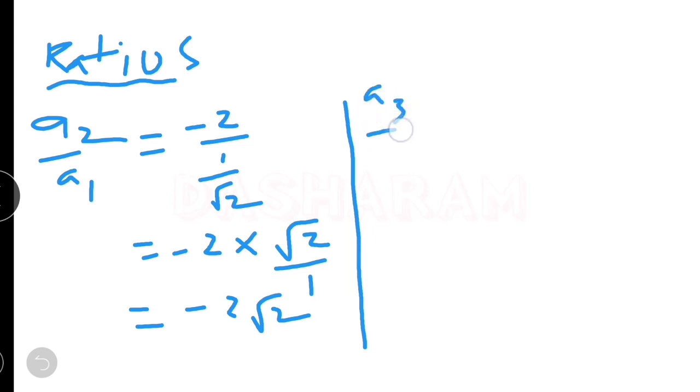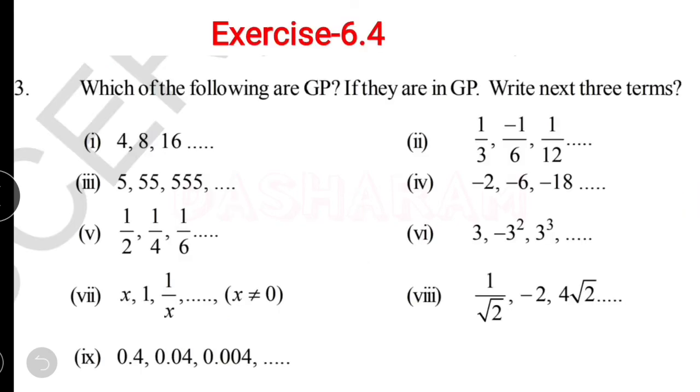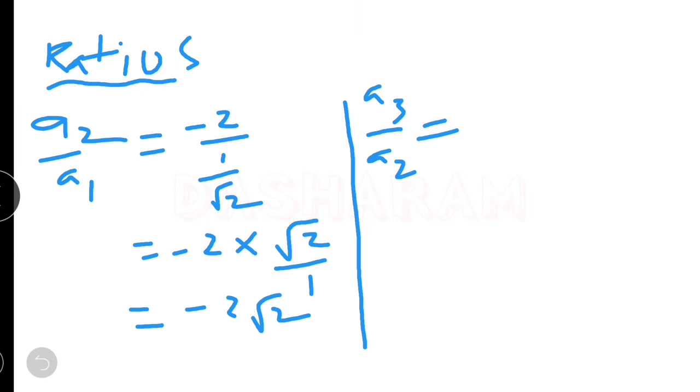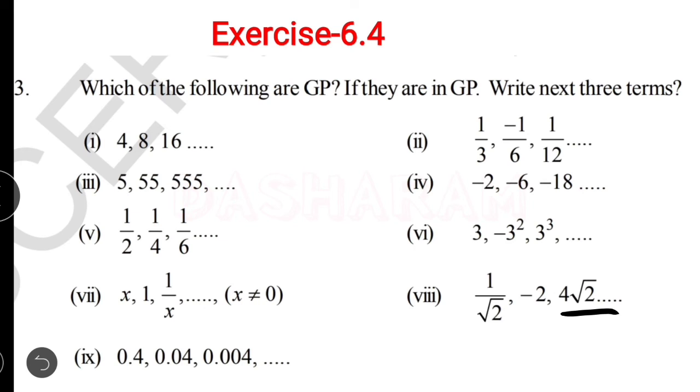Let's find out the second ratio, A3 by A2. What is the A3 value? Here the A3 value is 4 root 2, divided by the A2 value, which is minus 2.